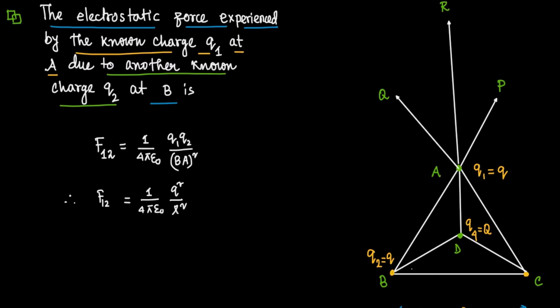Therefore, F12 equal 1 by 4 pi epsilon 0 Q square by L square.